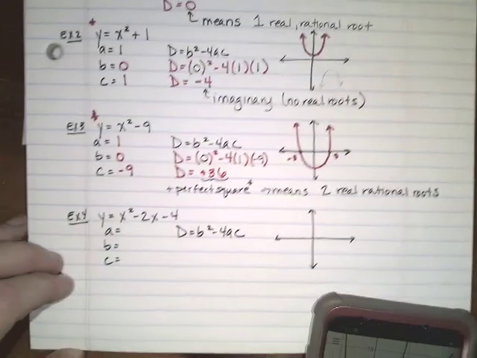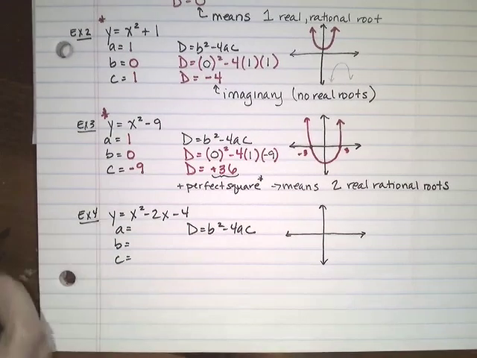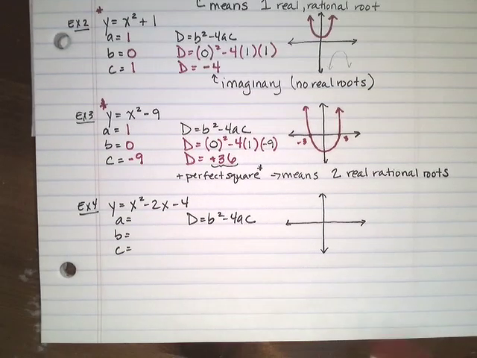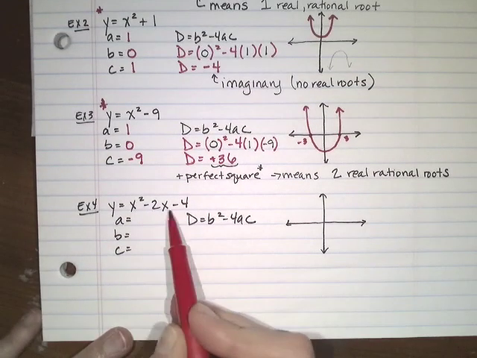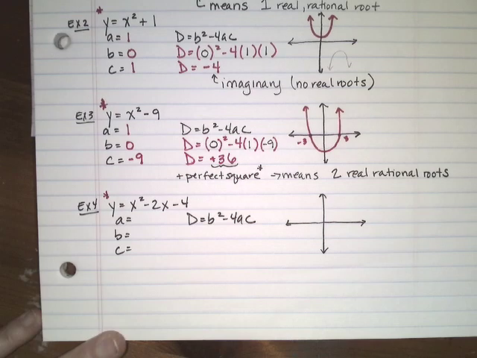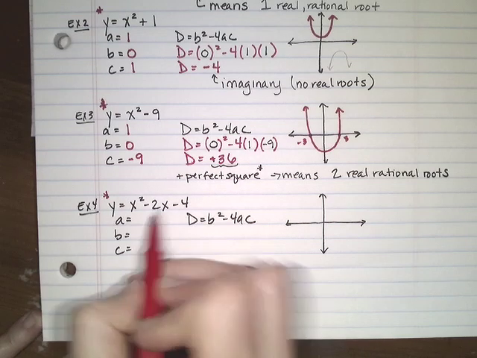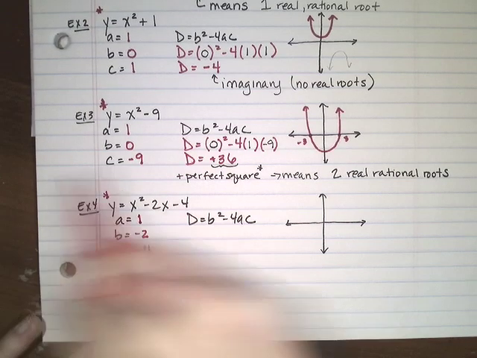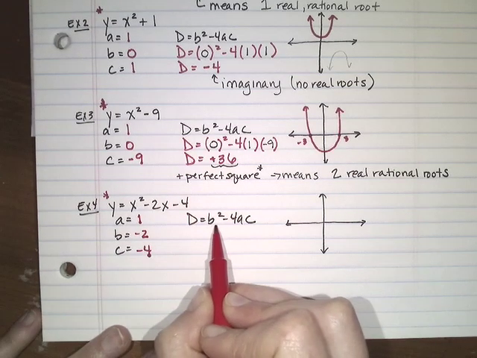Okay, and the last type that we're going to consider is something like x squared minus 2x minus 4. Again, notice it's in standard form. Once it's in standard form, we can pull out our A's, B's, and C. We can then plug that into the discriminant formula, right?